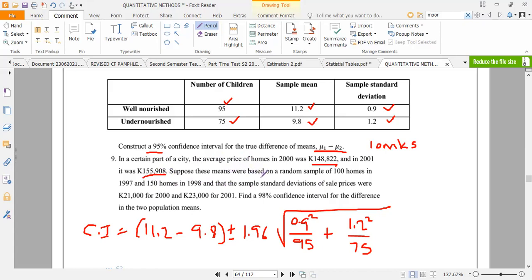Suppose means were based on a random sample of 100 homes in 2000 and 150 in 2001. So this is sample N1 and N2. The sample standard deviations of prices were 21 for 2000 and 23 for 2001. So this is S1 and S2. Find a 98% confidence interval for the difference.